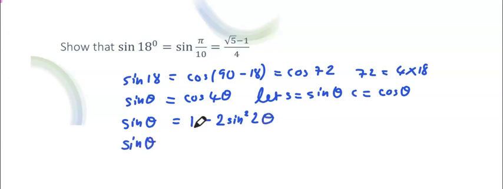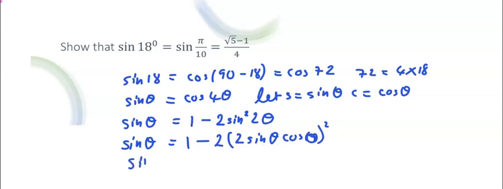Sin theta equals 1 minus 2 (sin theta cos theta) all squared. So that sin theta equals 1 minus 2 times 4 sin squared theta cos squared theta.